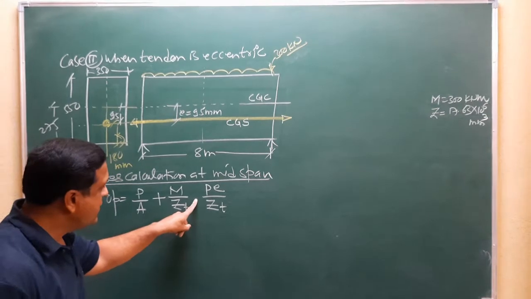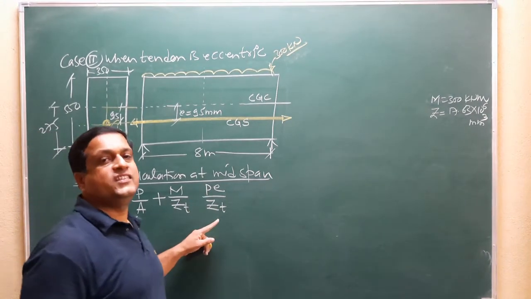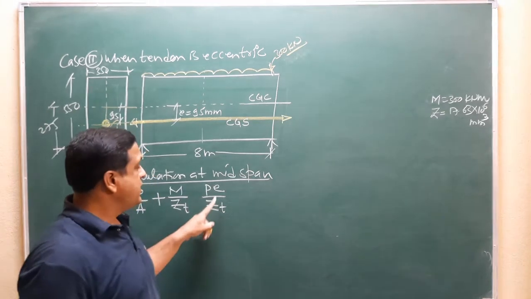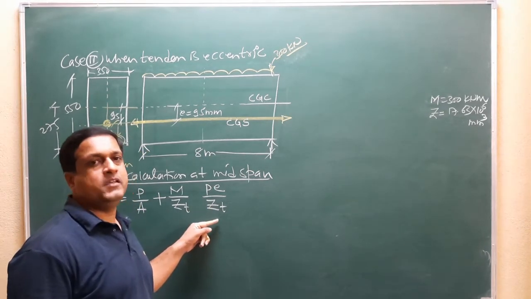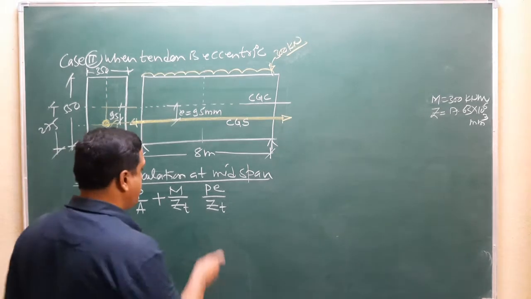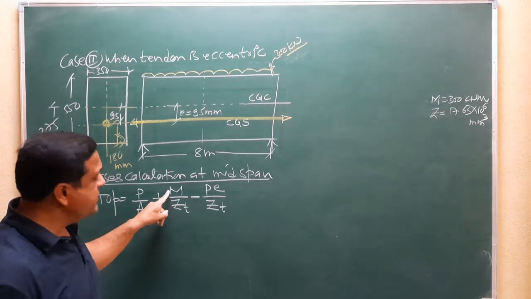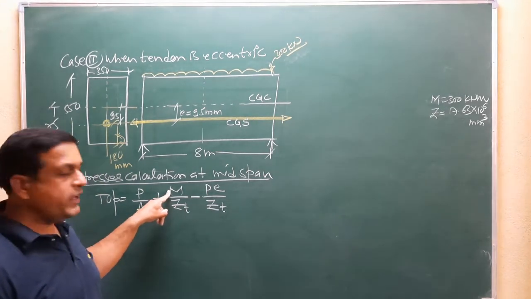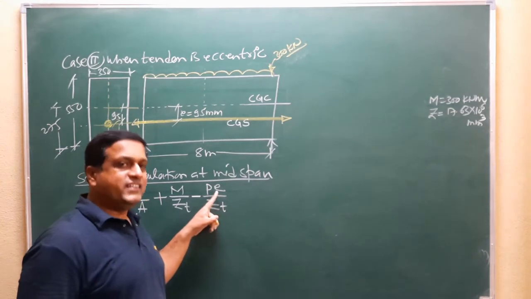What is the sign? This bending stress due to the eccentricity of the tendon makes the beam bend in a hogging nature, so we have to put minus. The first M by Z is due to the external loading, and this one is due to the eccentricity of the tendon.